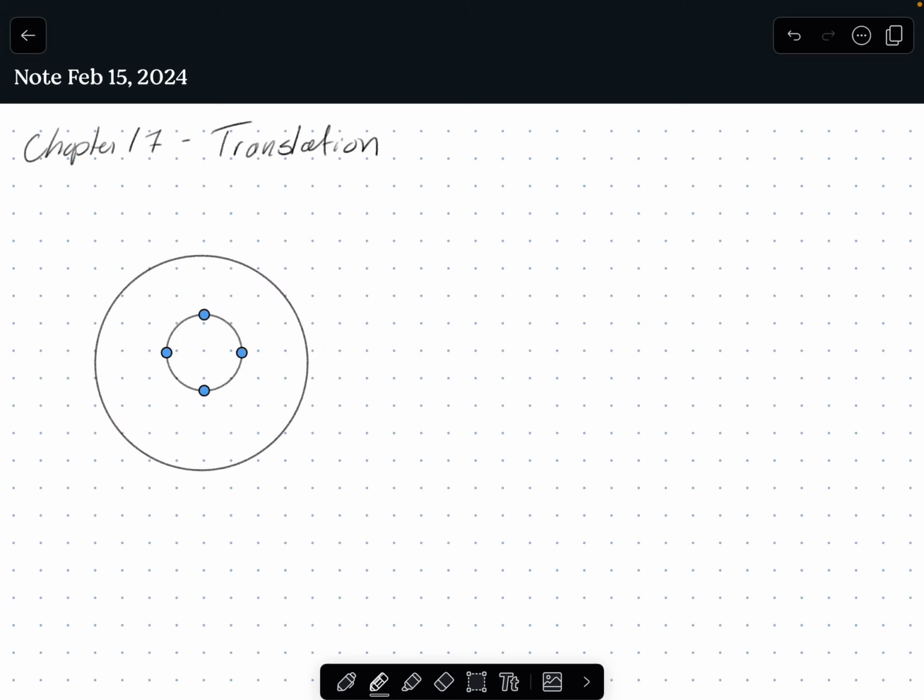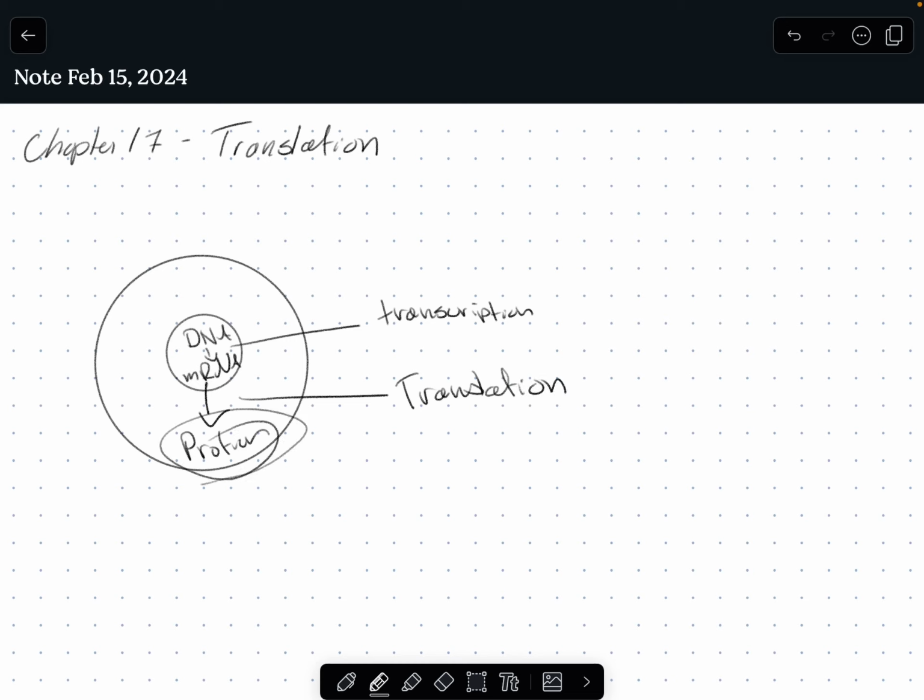We have DNA going to mRNA through the process of transcription. And we have our mRNA being translated into a protein in the cytoplasm. And today we're going to talk about that process, how we get from mRNA to a protein.